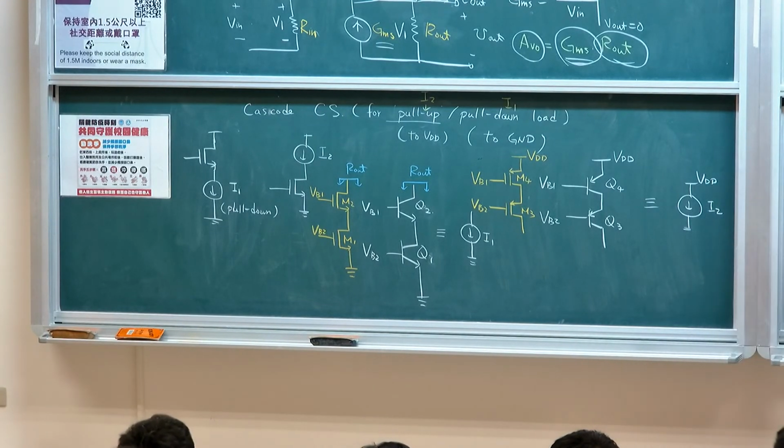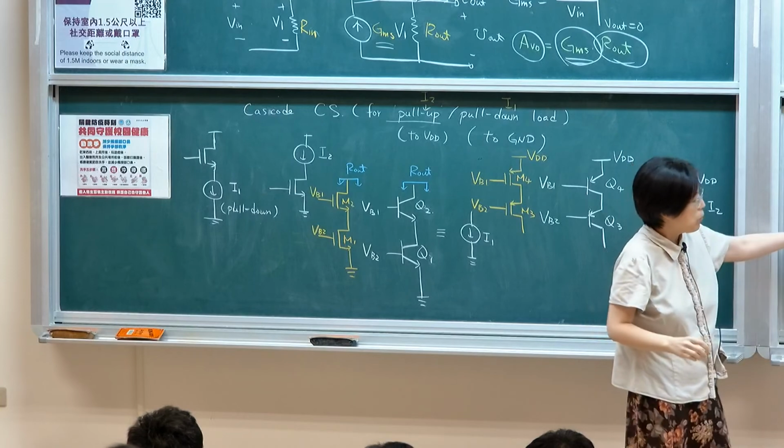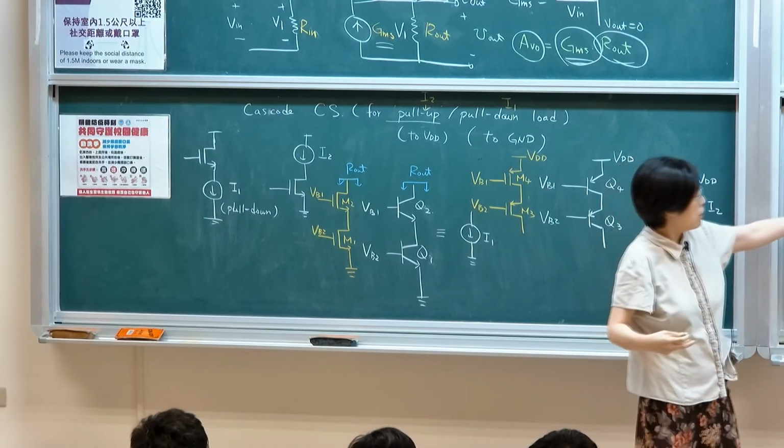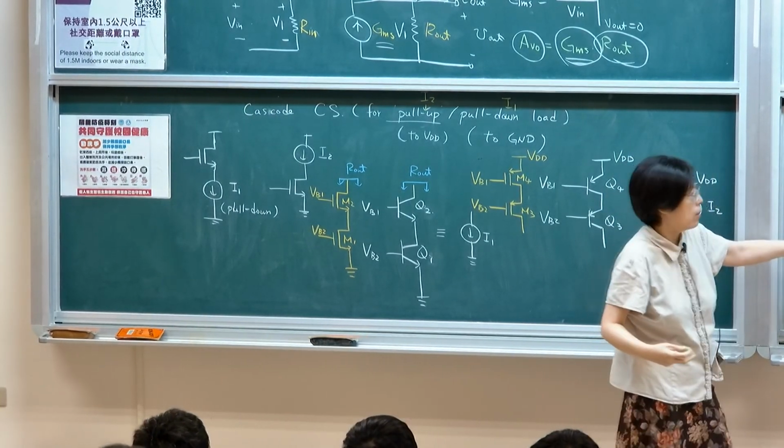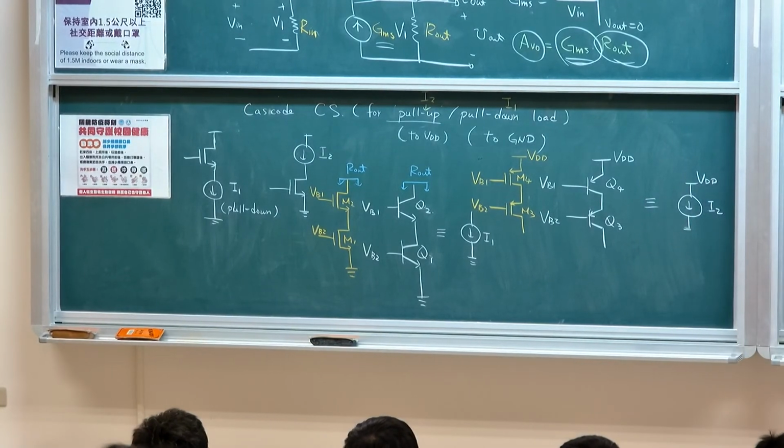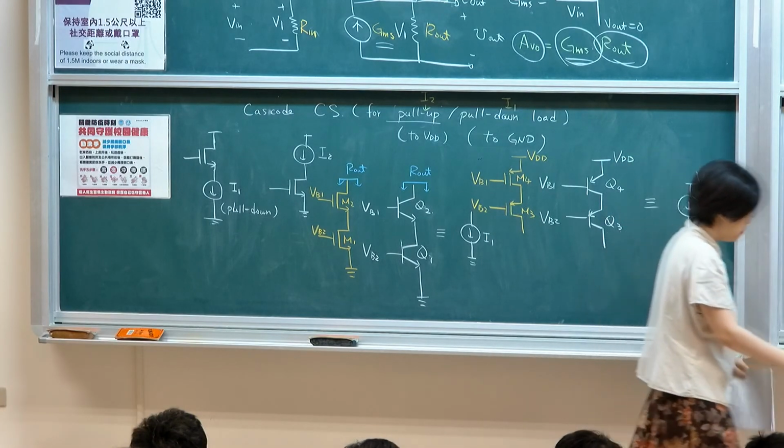So your circuit, you can simplify it as this: M2, VB2. The bottom circuit, you only see the effect of a resistance, RO1.